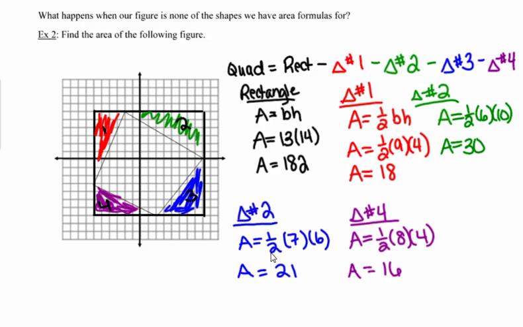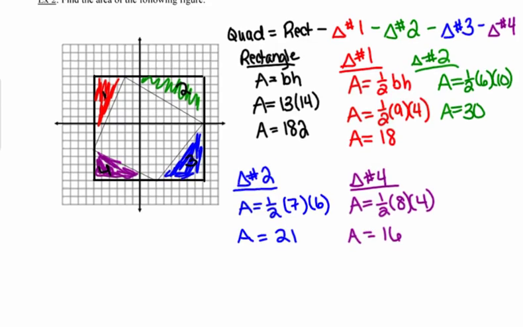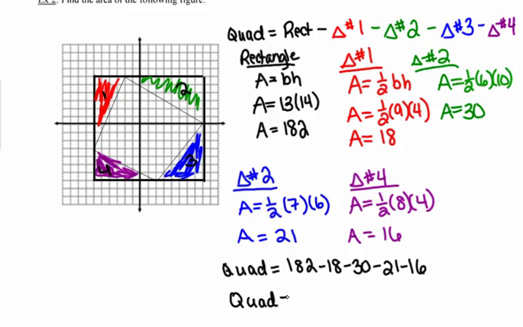So lastly, to find the area of my quadrilateral, I'm going to start with the rectangle. From that, I'm going to subtract the areas of the triangles. When I do that, I find that the area of the resulting quadrilateral is 97 square units.